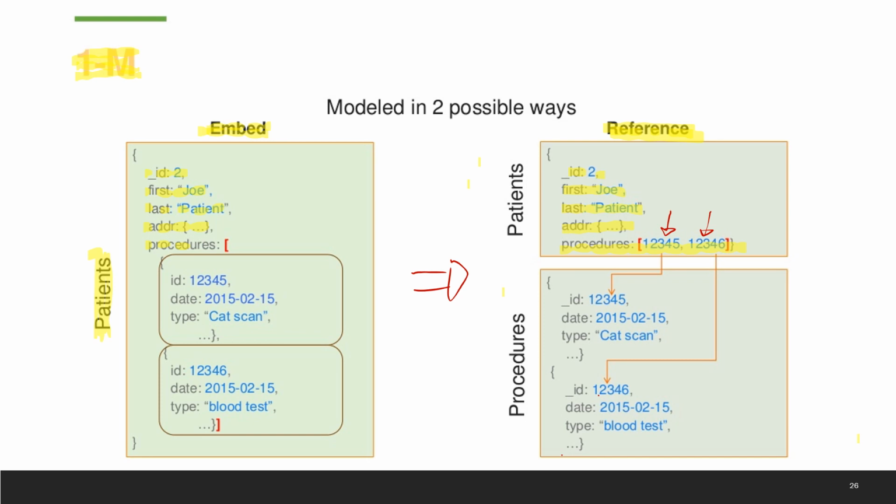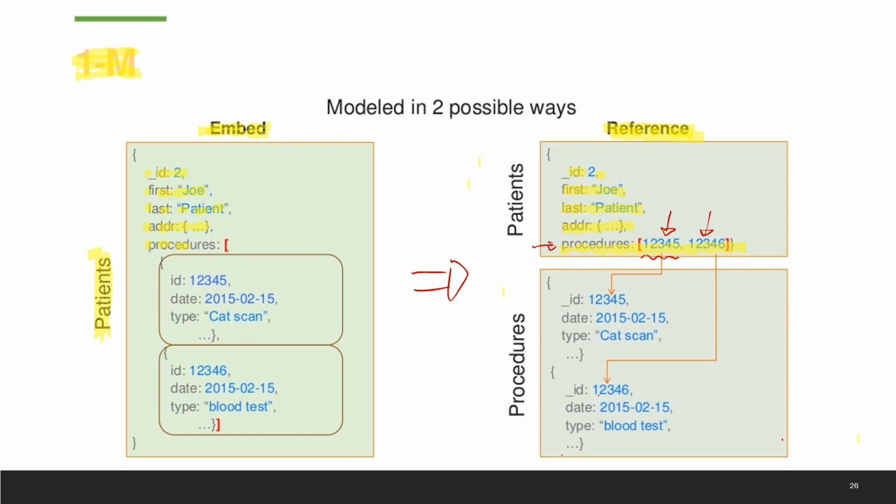So here, procedures has two IDs referring to two documents. So the first one, 1, 2, 3, 4, 5, refers to the document in the procedures collection.